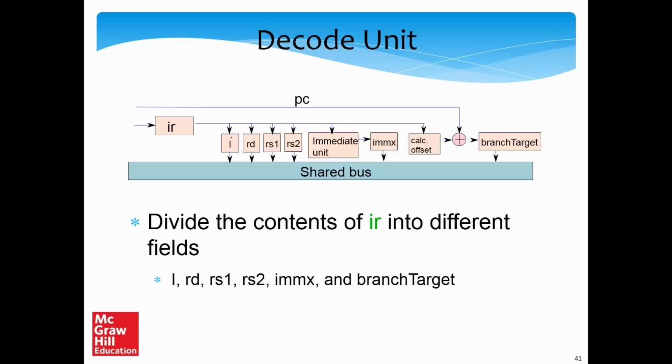So for some instructions, some of the fields might not make sense. They might contain junk, but nevertheless we extract all the fields. For example, we extract the I bit, the immediate bit. We extract the RD field, which in normal cases stores the ID of the destination register. We extract the first source register, the second source register.